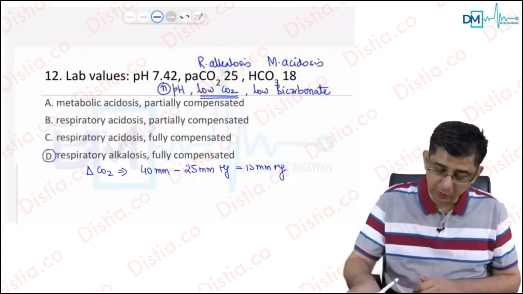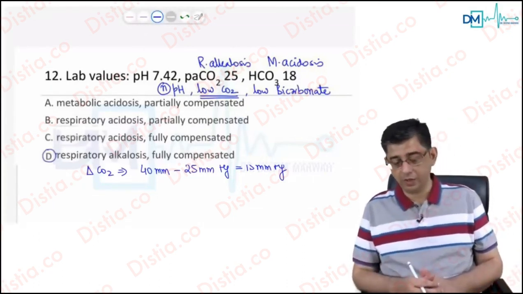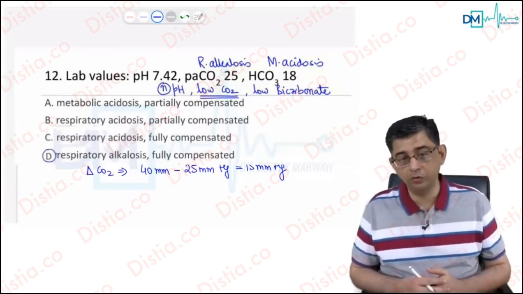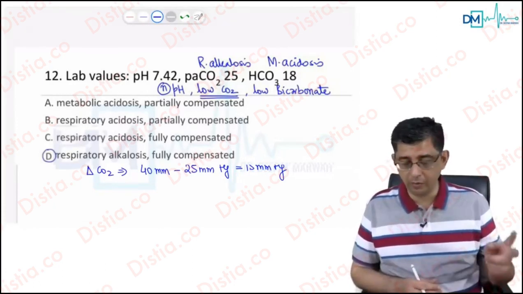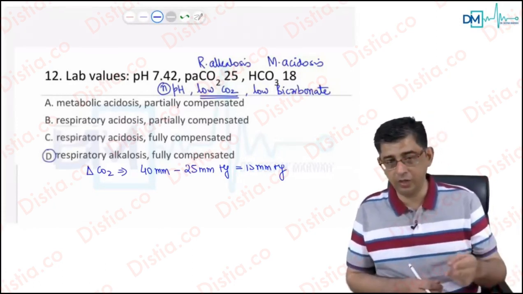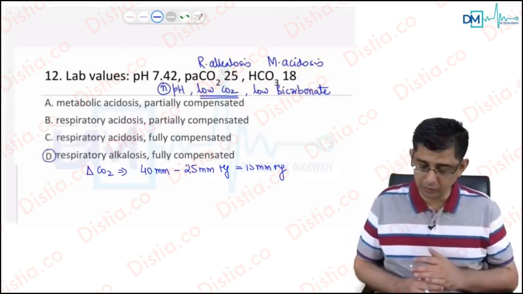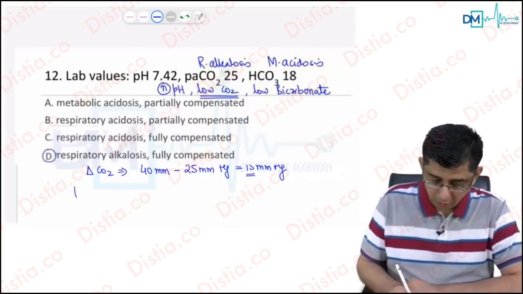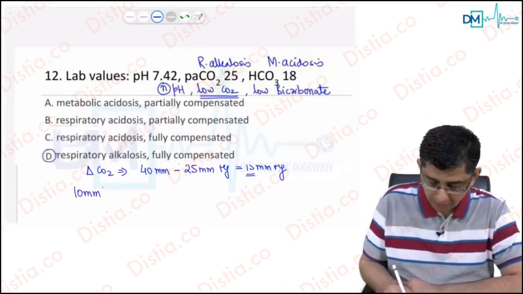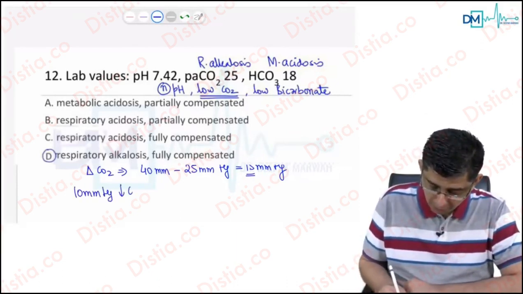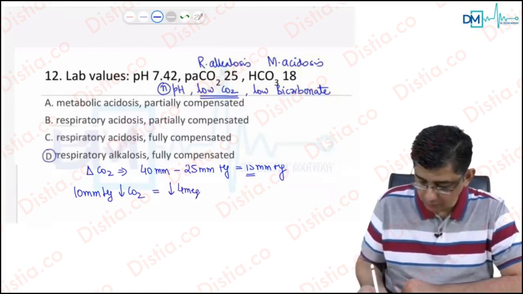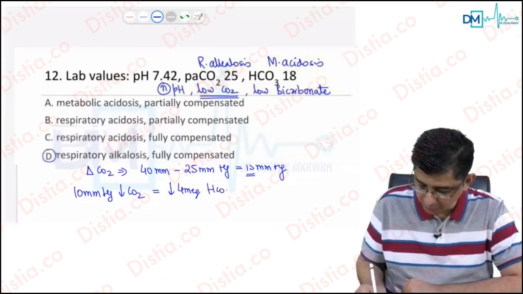Since this guy has respiratory alkalosis, I spoke about the rule of 2-4: for every 10 points decrease, there should be a decrease by 2 in acute, and for chronic it should be 4. So in chronic, a 10 millimeter fall in the value of carbon dioxide should cause a 4 milliequivalent fall in the value of bicarbonate.